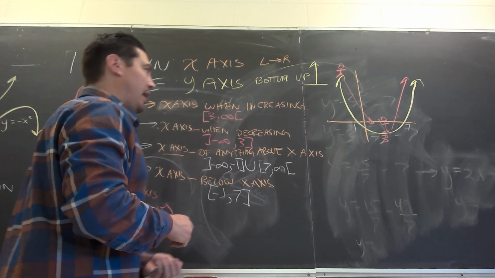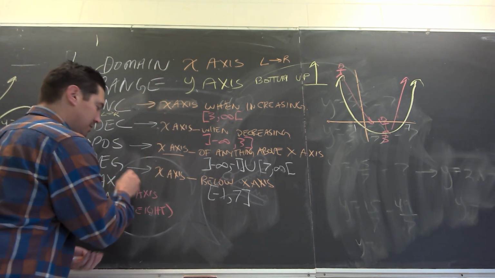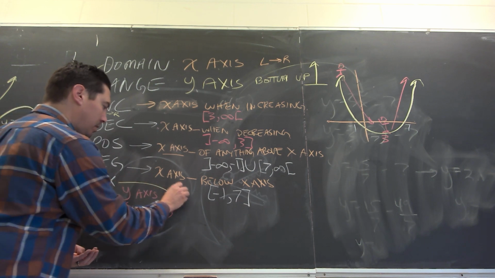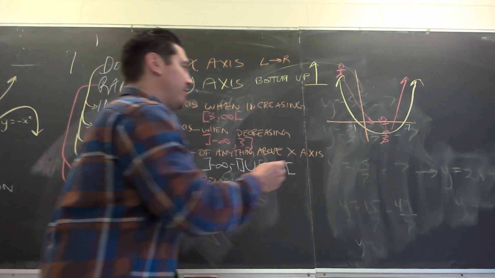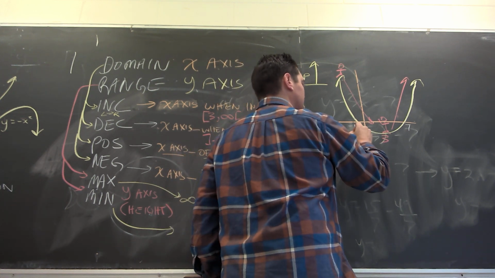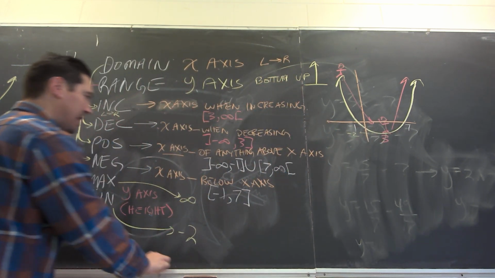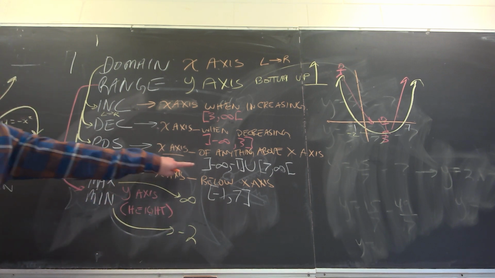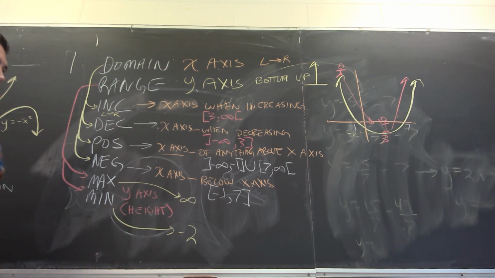So for this specific guy here, what's the maximum? Infinite. So his maximum would be infinite, and his minimum would be whatever I decide to put right here. So let's just say -2. So the minimum would be -2. There's no fancy notation. It is what it is.